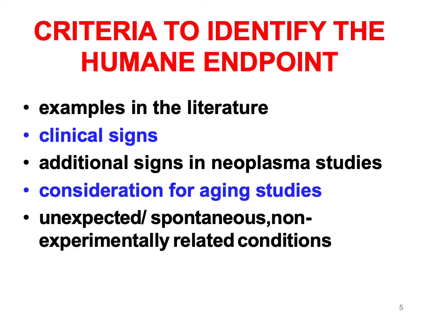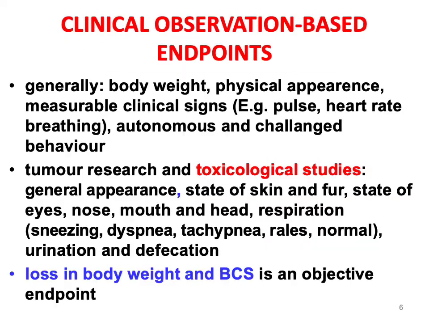And what is the situation if spontaneous conditions occur? So the clinical observation-based endpoints generally are the body weight changes, the physical appearance, and the measurable clinical signs like the pulse, the heart rate, and the inhalation rate, and the autonomous and challenged behavior.